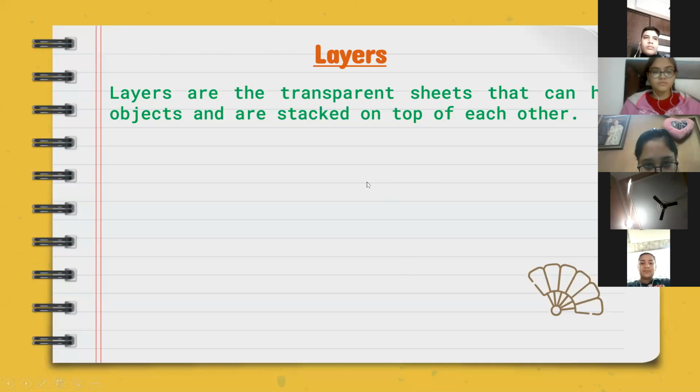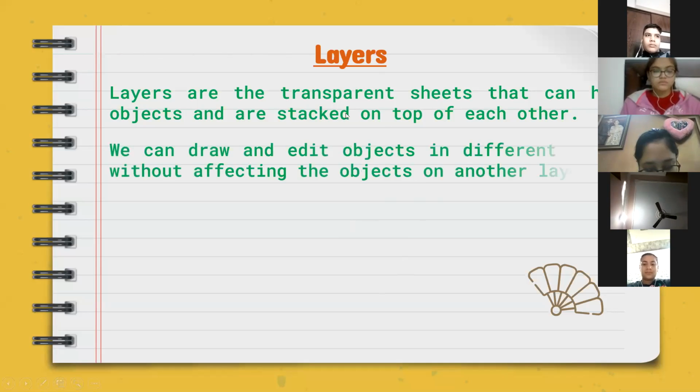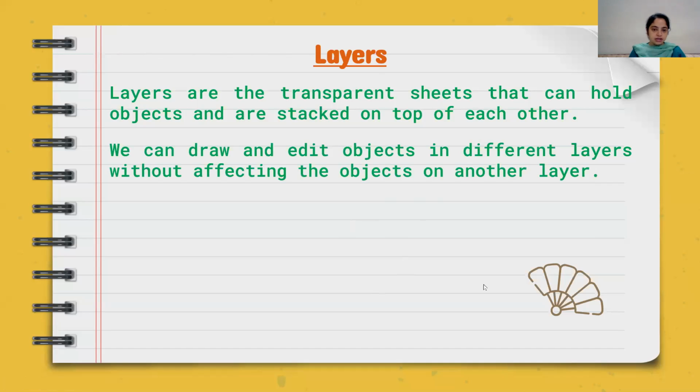If you want to insert some text also, you will insert it in a separate layer. If you want to add different objects like ribbons or balloons or other images in a collage, they all will be given in different layers, so that you can manage them and resize them separately without disturbing the objects on other layers. So we can draw and edit the objects in different layers without affecting the other objects in another layer.